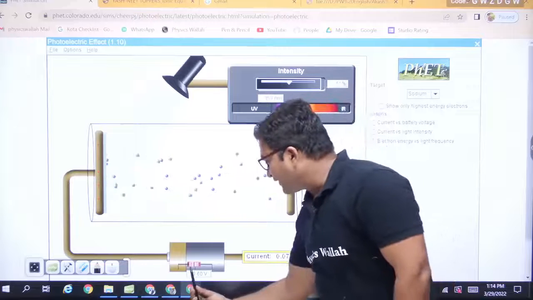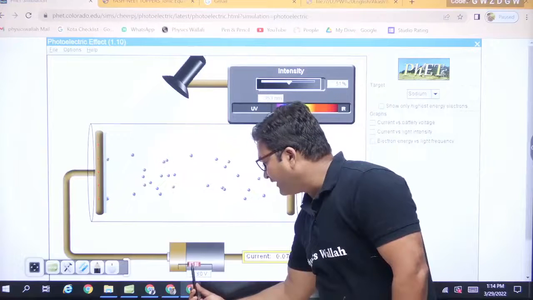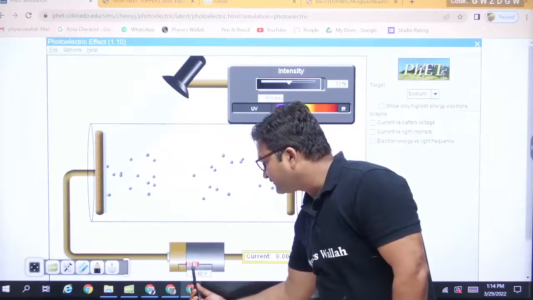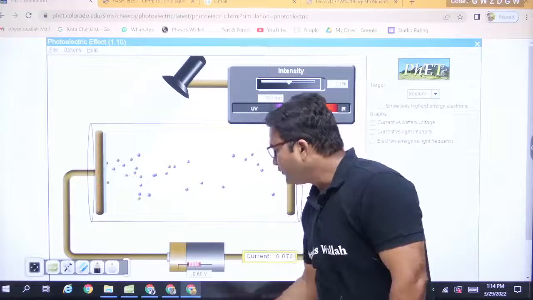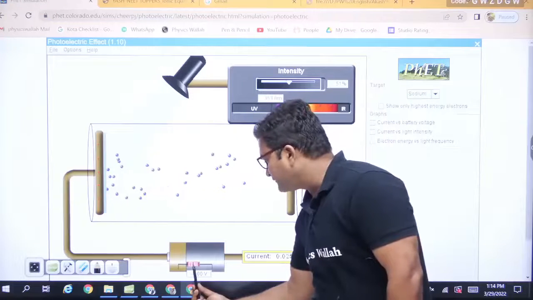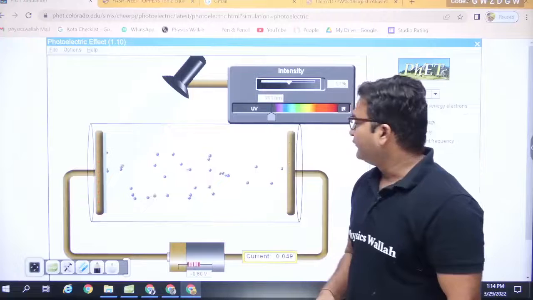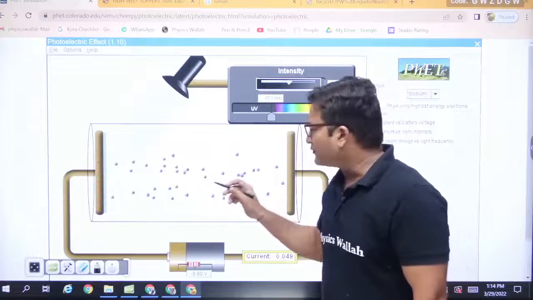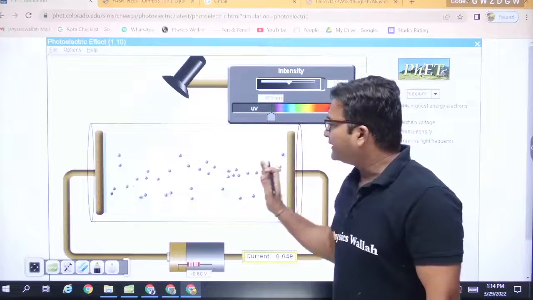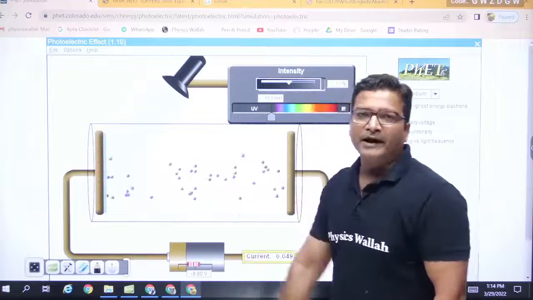Suppose we change the potential by some more value. Let's now make it 0.8 volt. Still few electrons are reaching anode and the remaining are going back towards cathode.